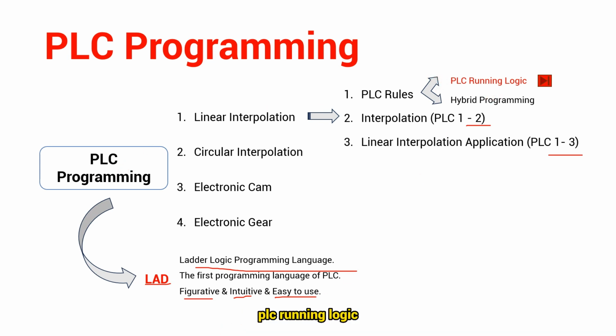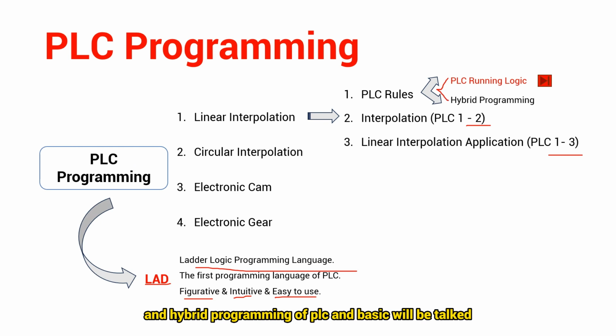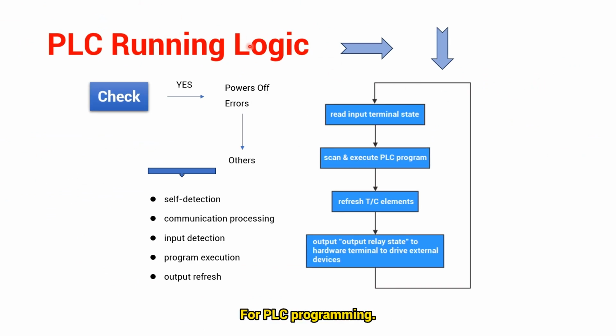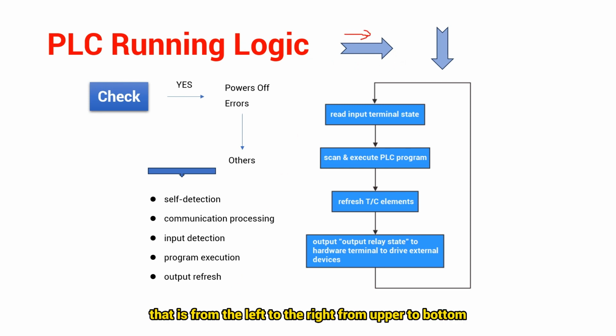PLC running logic and hybrid programming of PLC and BASIC will be talked. For PLC programming, it executes from the left bus bar, that is, from the left to the right, from upper to bottom. And one scan period is from first line to end.